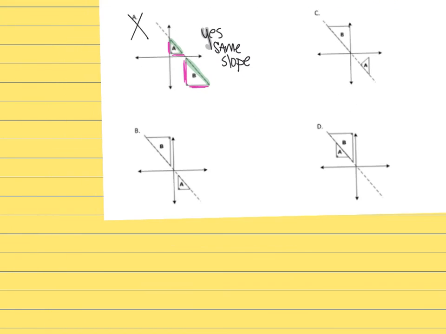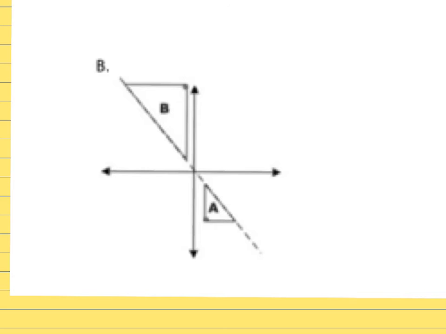Then I would go to another answer choice, and I would trace over the rise and run. And I know it's the rise and run because it's connected right here with the right angle line. And then the other triangle, there's my rise and run.